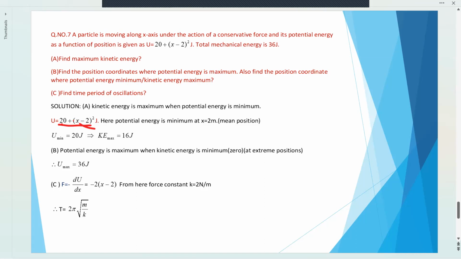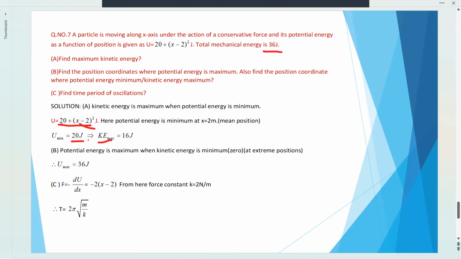Therefore, minimum potential energy is 20 joule. And we are given total mechanical energy, that is 36 joule. Therefore, the remaining 16 joule is the maximum kinetic energy.